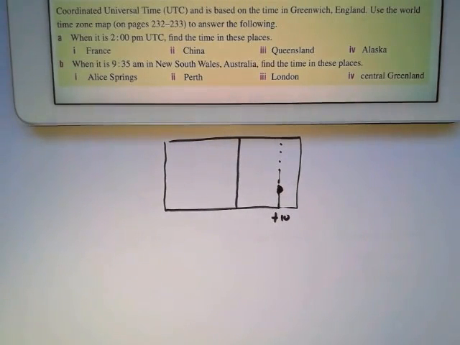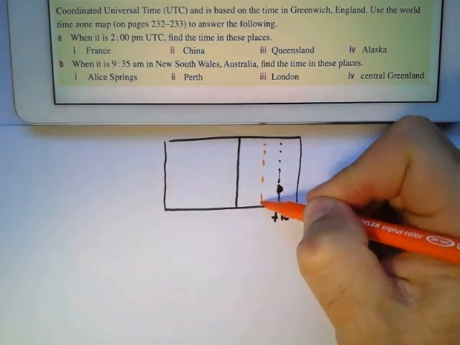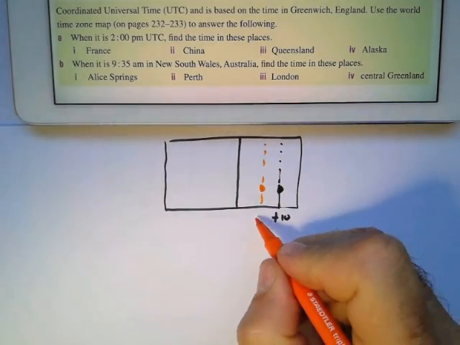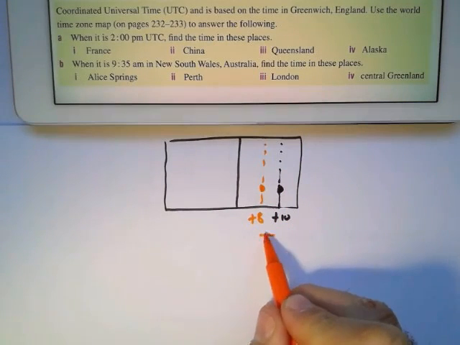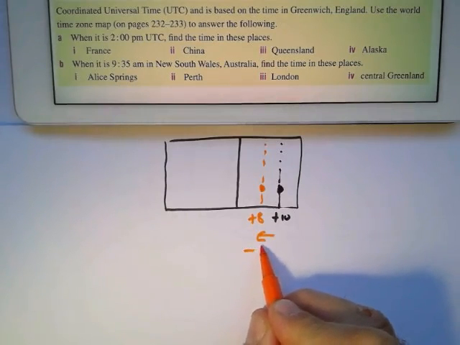They ask, what is the time in Perth? Now Perth is over here. It's on that line there, and Perth is at +8. So it means that Perth is 2 hours to the left, so it is -2.